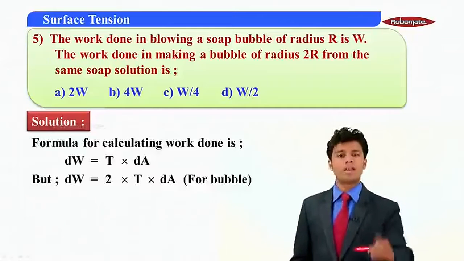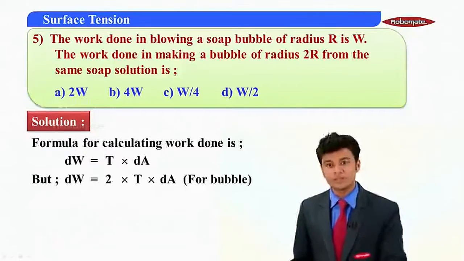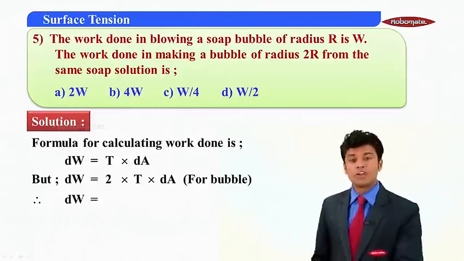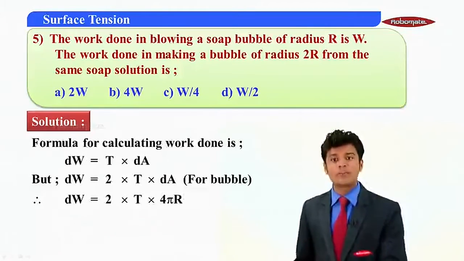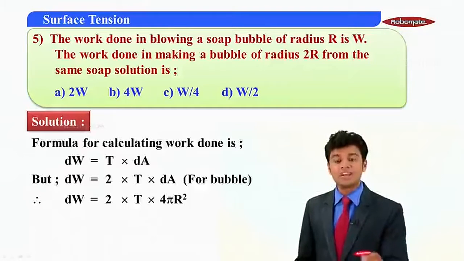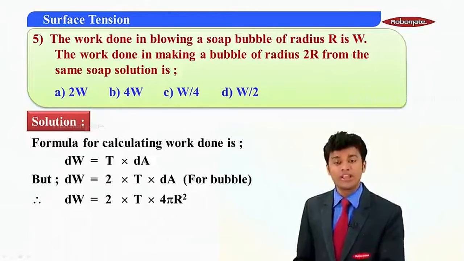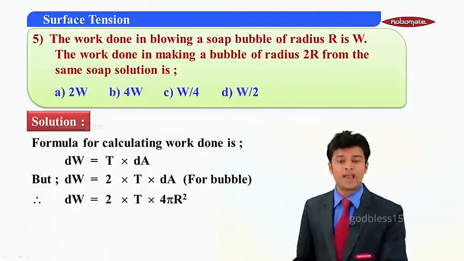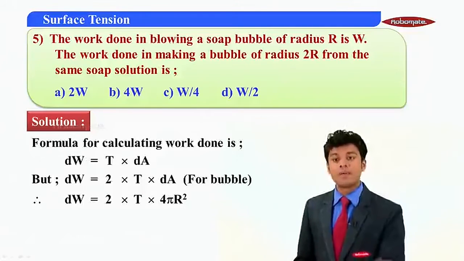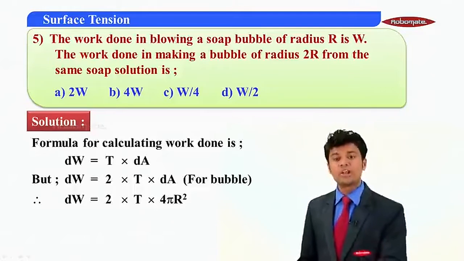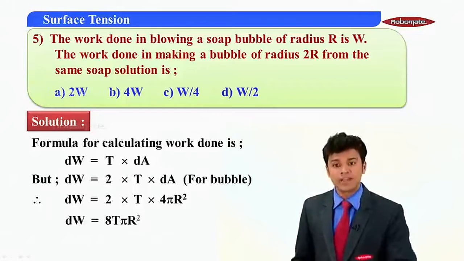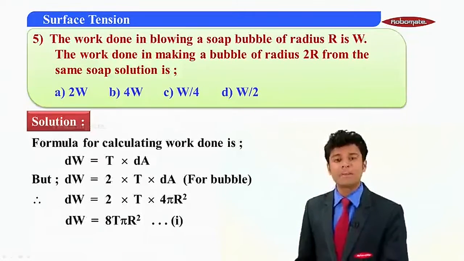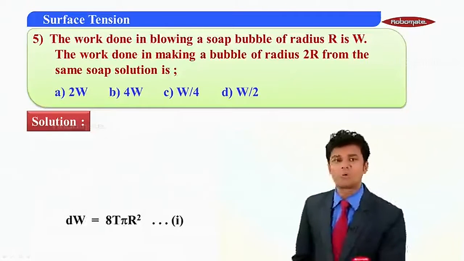When you write area as 4 pi R square, with radius capital R, dW becomes 2 into T into 4 pi capital R square, that is dW = 8 T pi R square. Let me call it equation number 1.